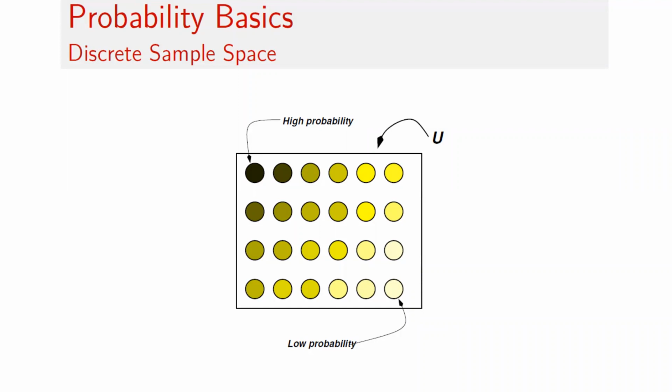Because we have a low probability in the lighter circles. But we have to know, when we think about probability, that this is not uniform. And there is always a chance that we can get more in some of the lighter circles than in some of the darker ones. Okay, this is not uniform.